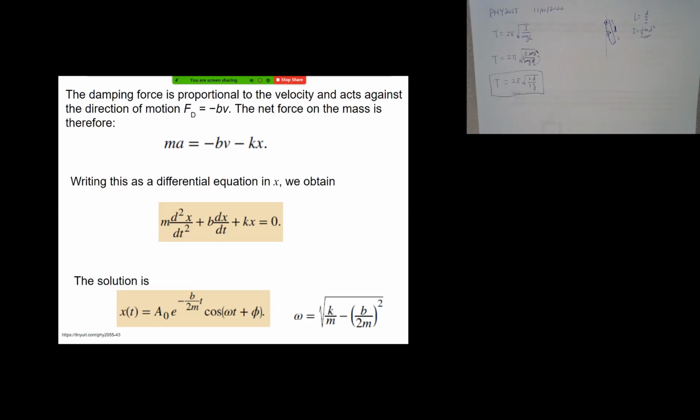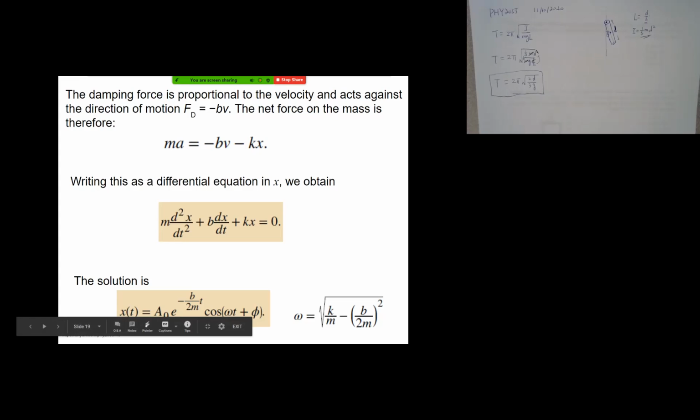Then move this one also to the left-hand side, becomes plus kx, equals 0. I'm not sure you have learned how to solve a differential equation of this type yet, but the solution for this differential equation would be this one here. It's a cosine function, as a simple harmonic motion would have.